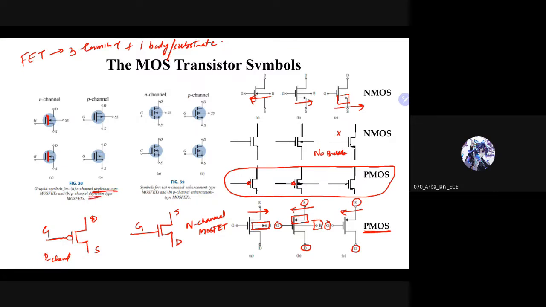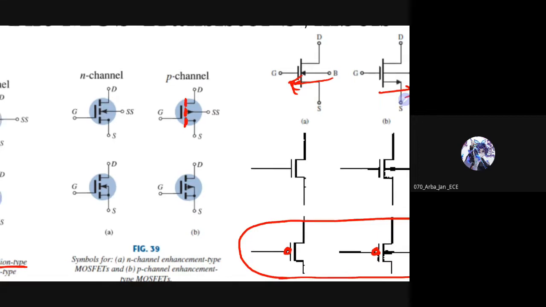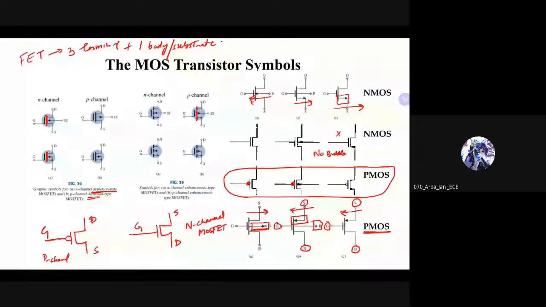But if you have certain discontinuities like this, गेट के नीचे थोड़ी परफोरेशंस हैं, it means it's a symbol for enhancement type device. So these are various symbols for the MOSFET that we use.